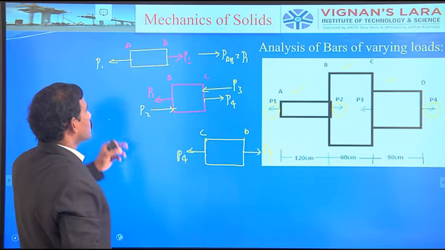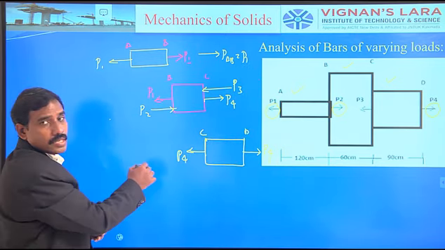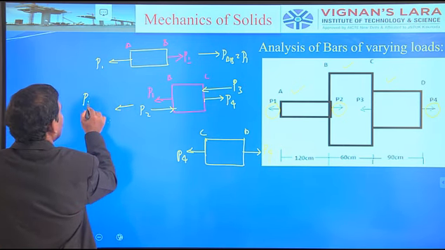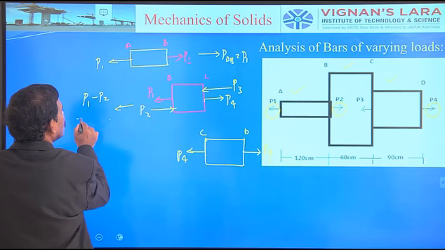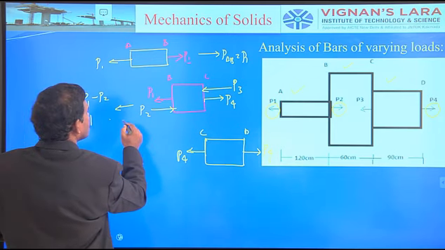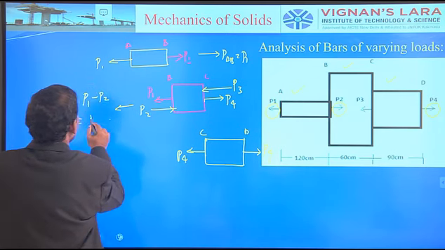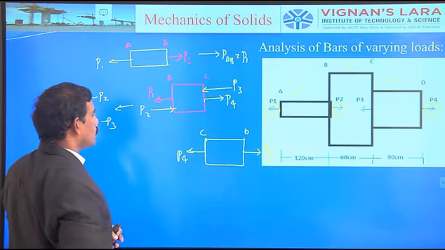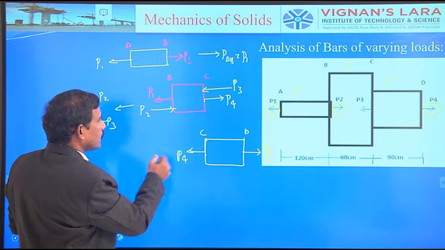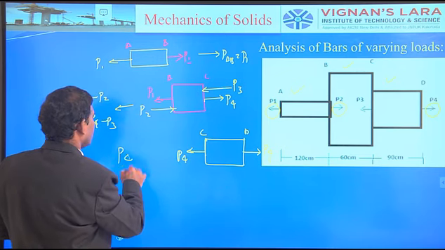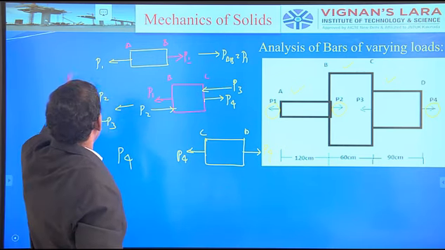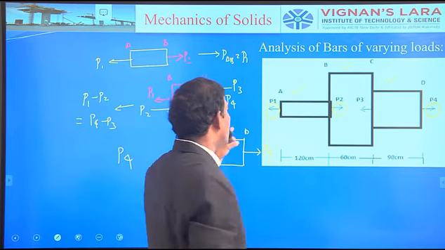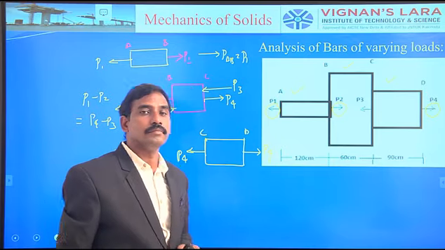What about the net force acting on the portion BC? Simply that is P1 minus P2, equal to P4 minus P3. Keep it in mind. What about the net force acting on the portion CD? That is equal to P4. No doubt at all, P1 minus P2 is equal to P4 minus P3. Then only the body is under equilibrium.